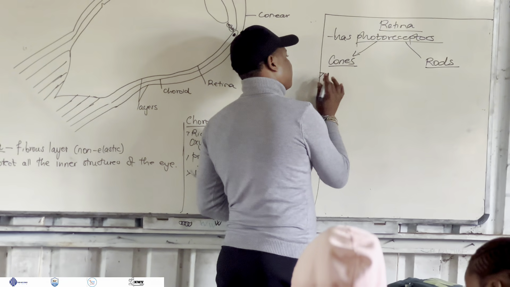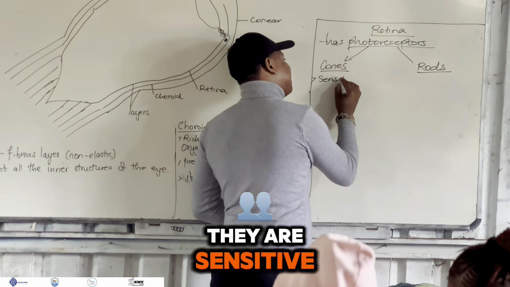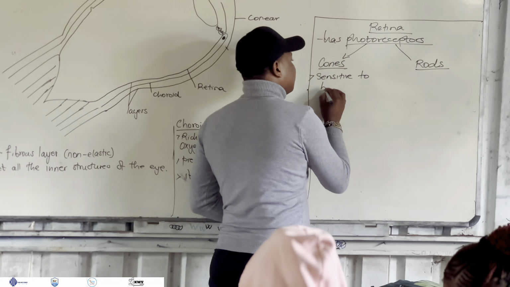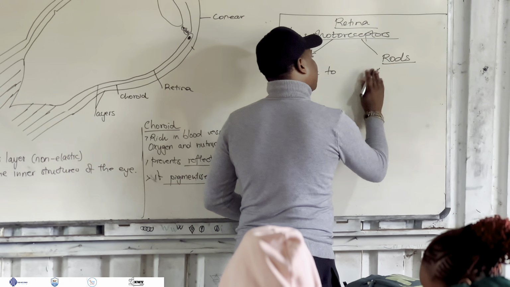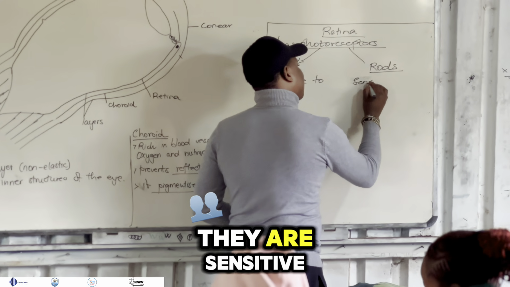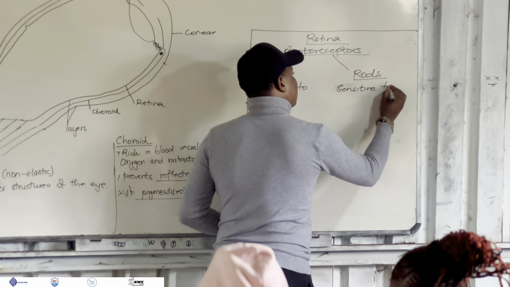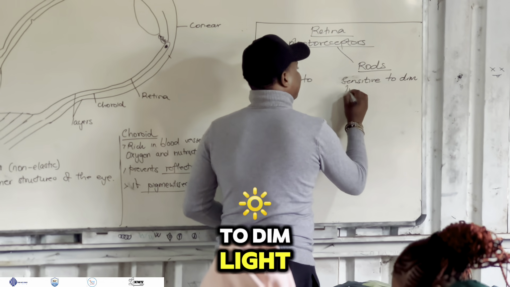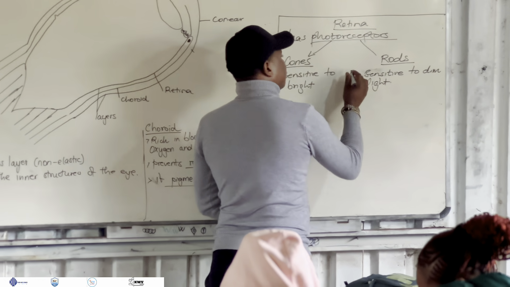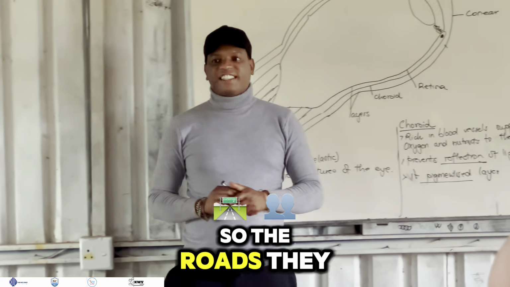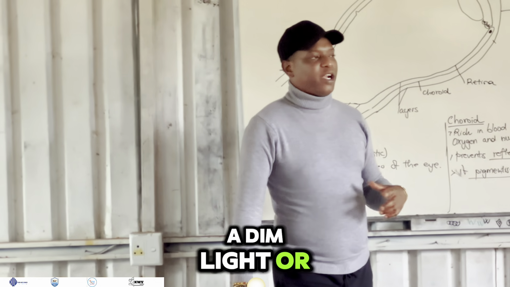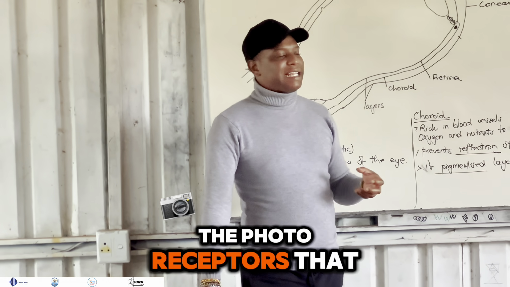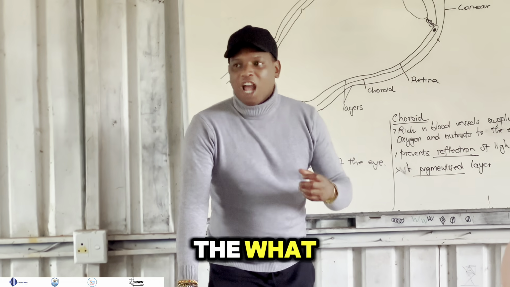The cones are sensitive to bright lights, and the rods are sensitive to dim light. Whenever you are in a dim area, the photoreceptors that will be working there are the rods.